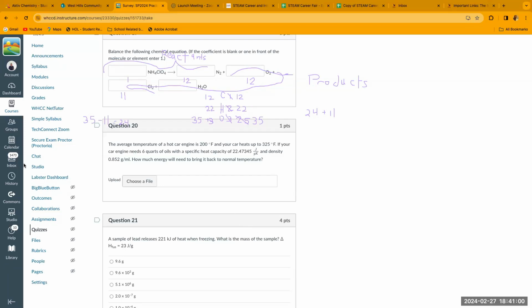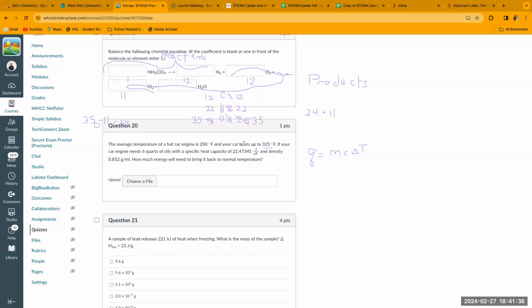Okay, so let's go ahead and start working this problem out. The equation that we're going to be using for this is Q equals m c delta T. We know that delta T represents the change in temperature.